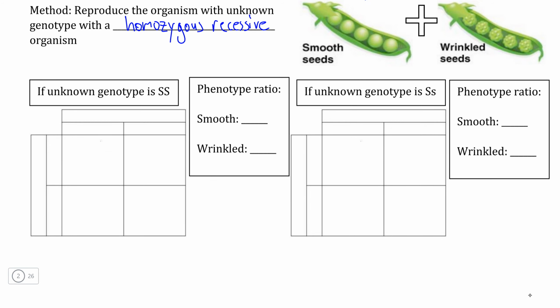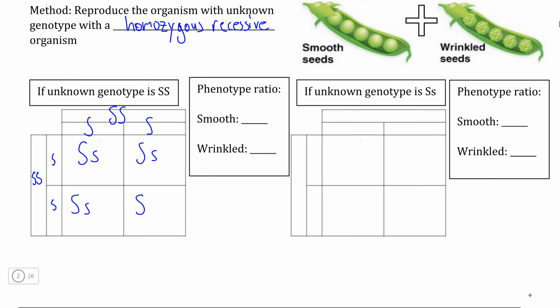and we will see that this produces 2 very different results. For example, if the smooth-seeded pea plant is homozygous dominant, it has no choice but to give a dominant allele, the smooth-seeded allele, and if we reproduce it with a homozygous recessive wrinkle-seeded plant, again, this has no choice but to give the recessive allele, and therefore, as we would expect, all organisms here would be heterozygous.